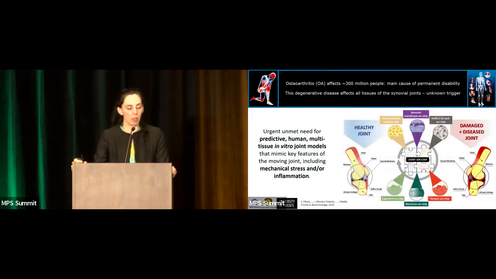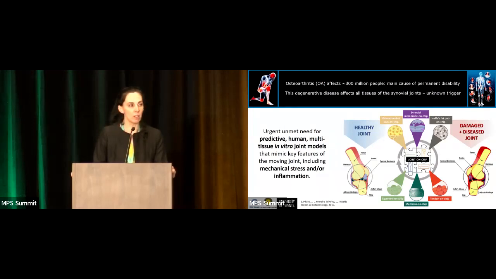So I'm going to talk about how the idea of the development of joint-on-chip came to be. The idea of coupling different tissues to form a joint environment was to focus on creating a model towards osteoarthritis.